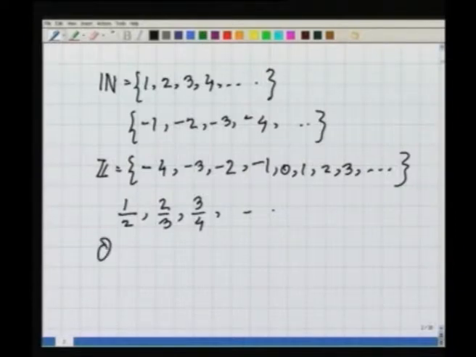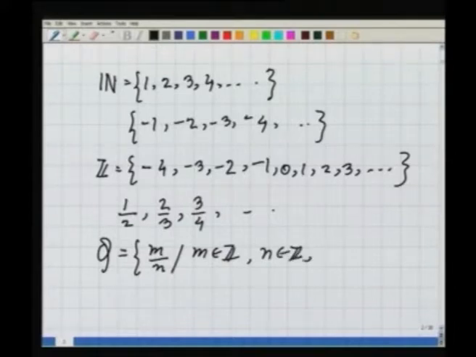They are denoted by Q, and the elements here are numbers of the form m by n, where m is an integer, n is an integer, but n is not equal to 0. We understand why I need this condition n not equal to 0, because I want to divide by a non-zero number.